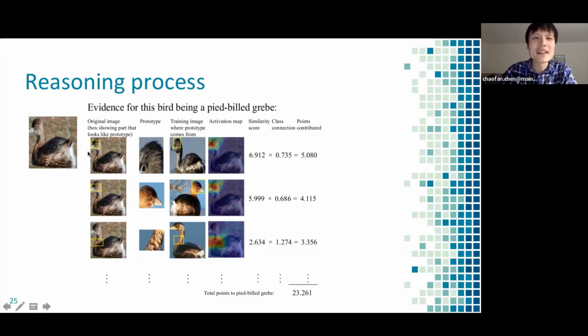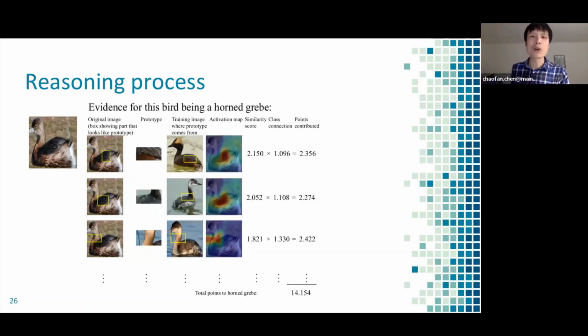So we see that the network identifies the head of this test bird to be very similar to the prototypical head of this pie-billed grebe. And the total similarity to this class is 23 points in this case. And of course, we'll repeat this whole process for every single one of the 200 classes.